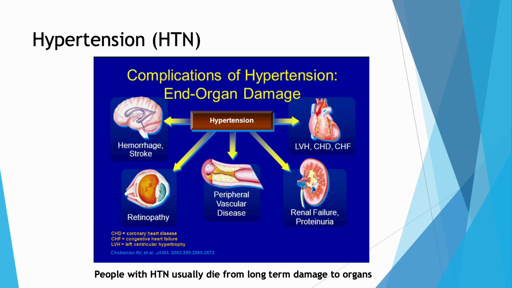They can end up with retinopathy. So after 40, you probably learn that you're supposed to get your eyes checked, and that's one of the things the optometrist will be looking at to see if you've developed retinopathy. And it can also lead to hemorrhage or stroke, hemorrhagic stroke, okay? So people with hypertension usually die from long-term damage to their organs.